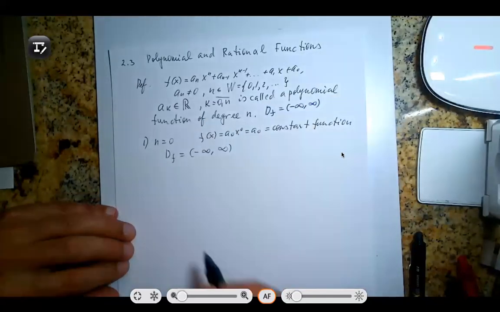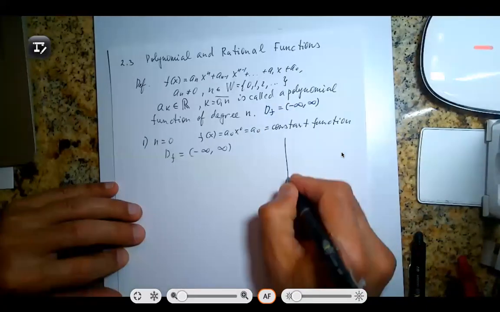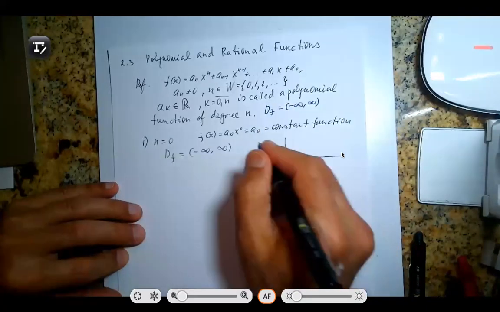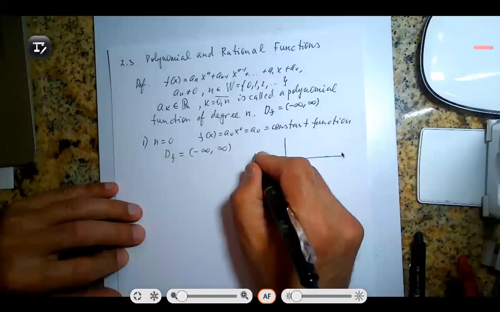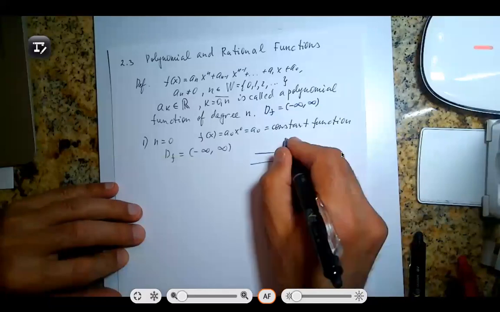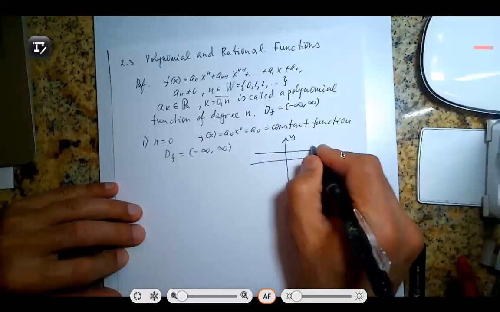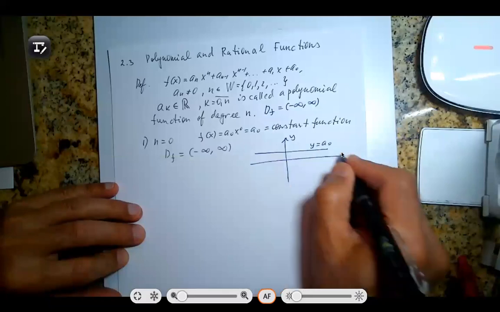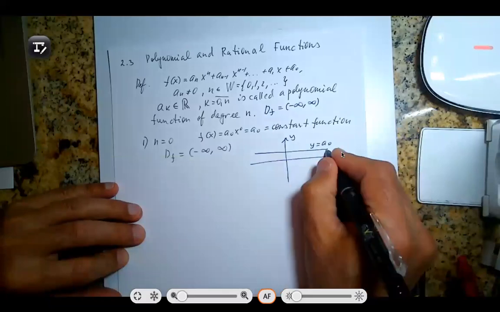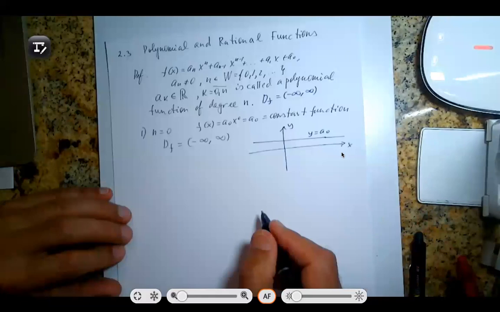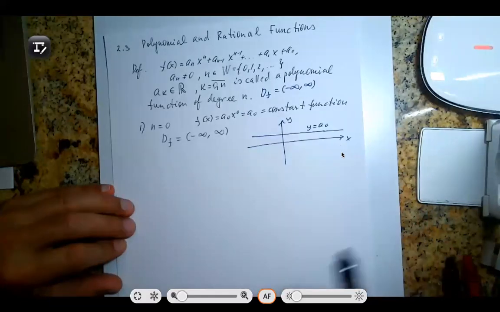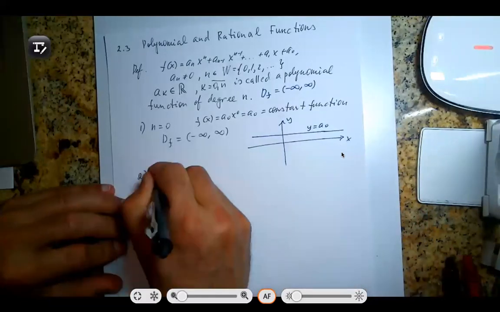So how does the graph look? a sub 0 does not equal 0. It's a horizontal line, y equals a sub 0. Second example, n equals 1.